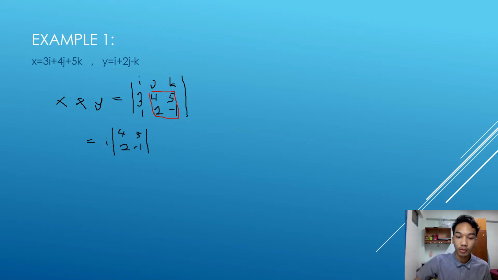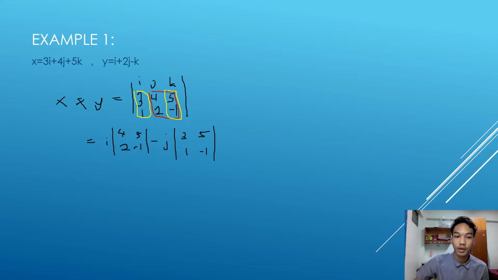Next, we move on to j, which is this one and this one. Now, it's negative, it must be negative, 3, and this one.